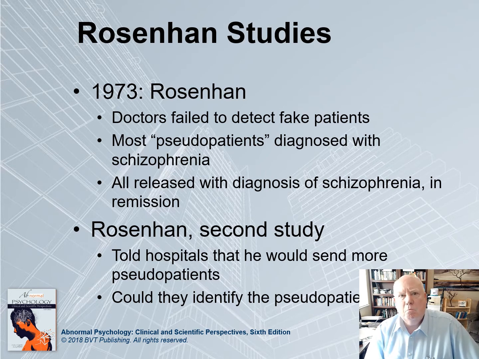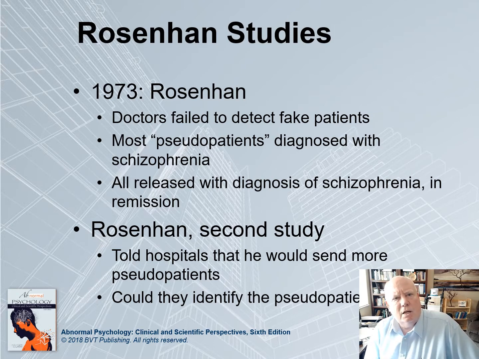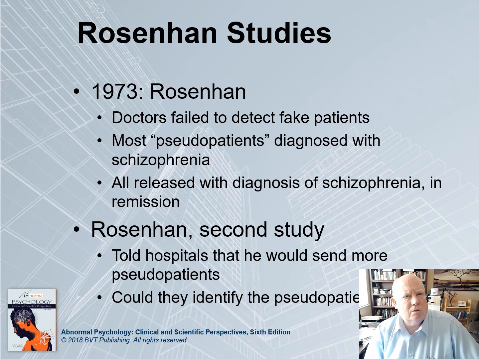Probably one of the most quoted studies in the field of psychiatry was done by Rosenhan, who sent colleagues, mostly graduate students, into psychiatric hospitals. What these pseudopatients were to do was to say that they were experiencing symptoms, but in this case only a single symptom.